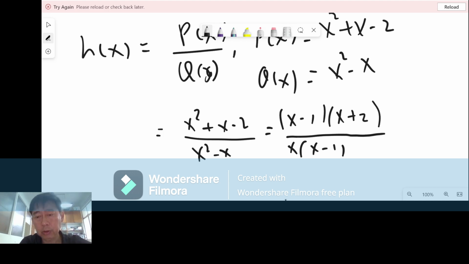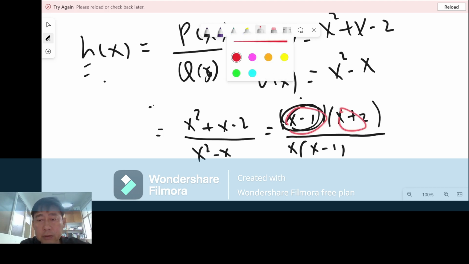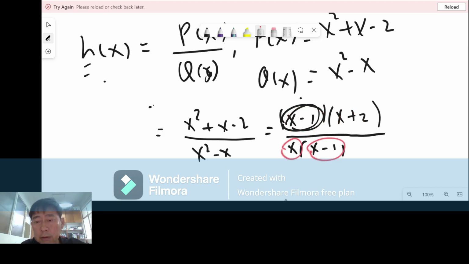So that is how the ratio of these two polynomials is expressed in terms of the product of factors. We call this a factor of x minus 1 and a factor of x plus 2, and this is a factor of x minus 0, and a factor of x minus 1.